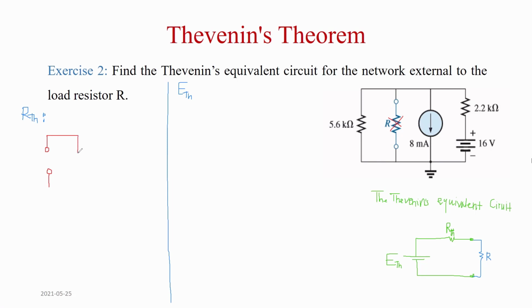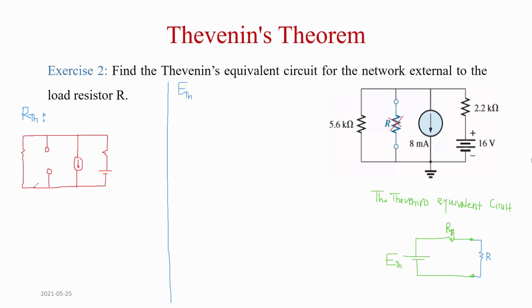Then here, this is the current source. This is the resistor, the voltage source, and there's another resistor here.